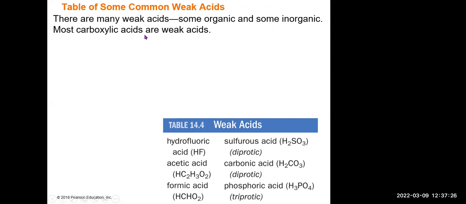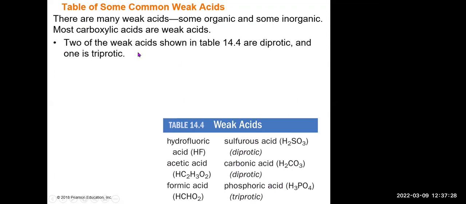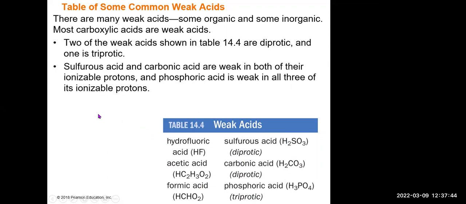Most carboxylic acids are weak acids. 2 of the weak acids shown in the table are diprotic and 1 is triprotic. You can probably see which is which. These 3 are mono, these 2 are di, this one is triprotic. So the diprotic acids, sulfurous acid and carbonic acid, are weak in both of their ionizable protons, and phosphoric acid is weak in all 3 of its ionizable protons. So phosphoric acid is the last one. It has 3 H that can be ionized.